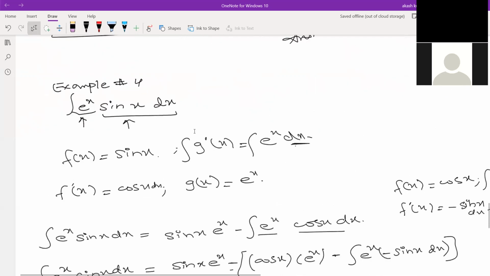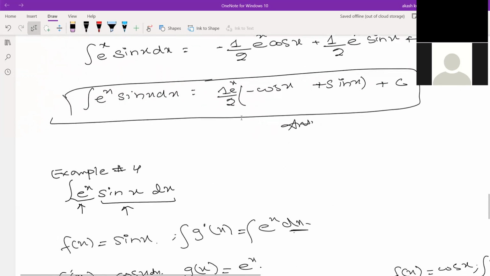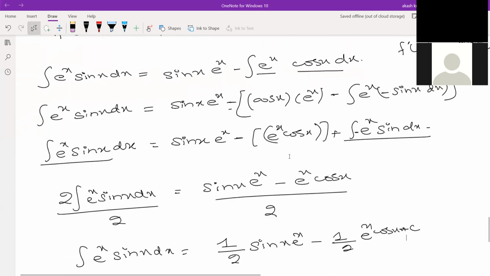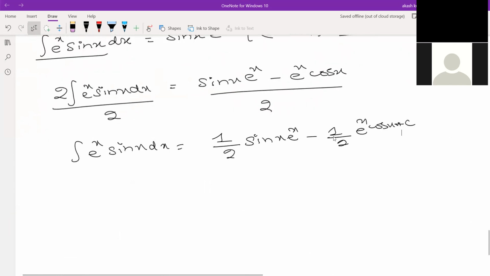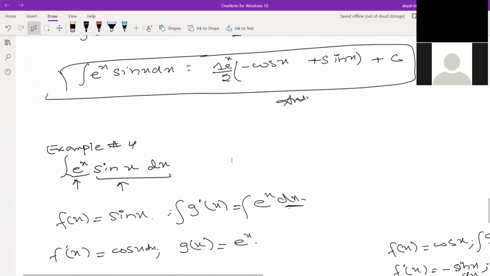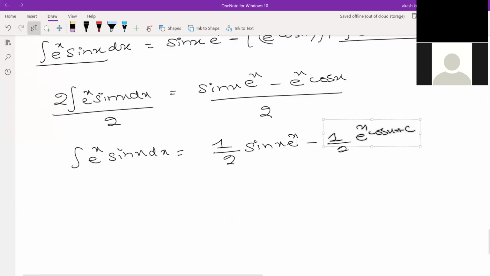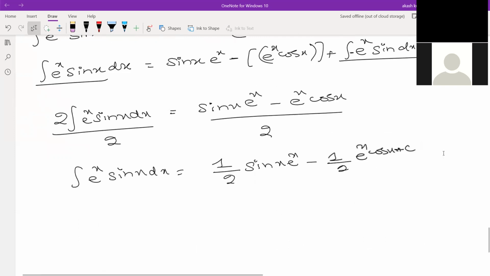Okay, let me check if we have got the same answer for both: half ex, with the minus taken out, cos x plus c, and half ex sin x plus the integral constant. Is it clear?